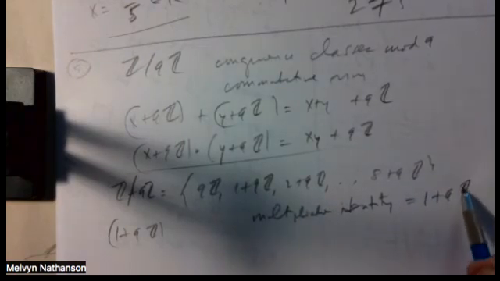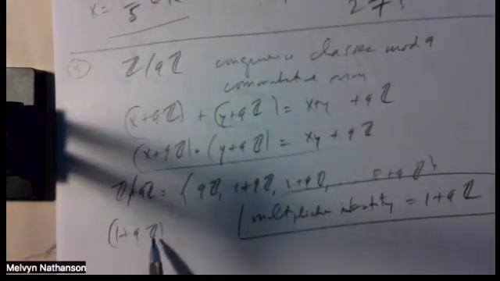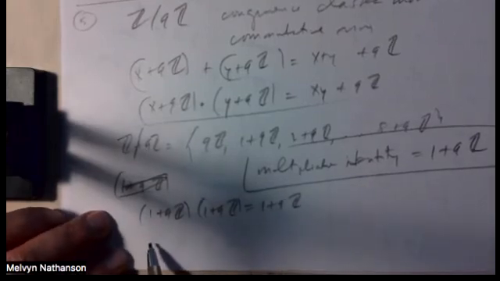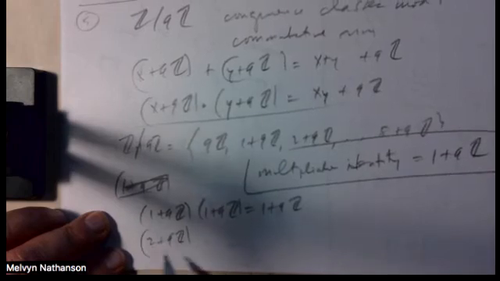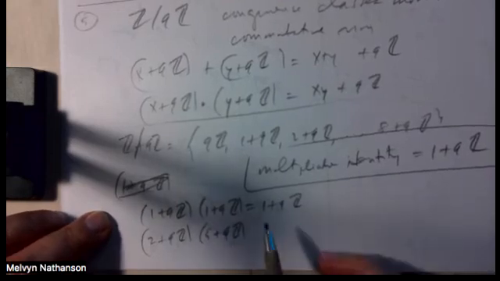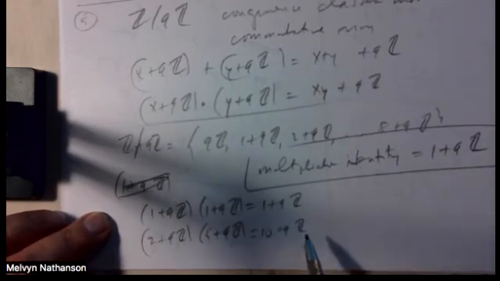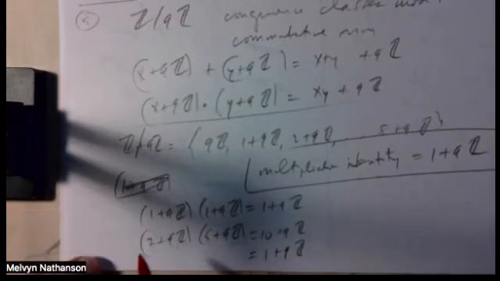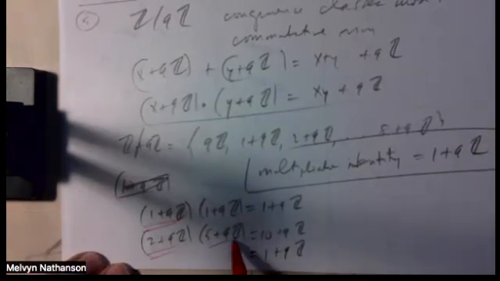Certainly 1 plus 9Z times 1 plus 9Z is 1 plus 9Z, so it's a unit. What about 2 plus 9Z? If I multiply by 5 plus 9Z, I get 10 plus 9Z. And 10 is congruent to 1, so this is the same as 1 plus 9Z. So this is a unit.